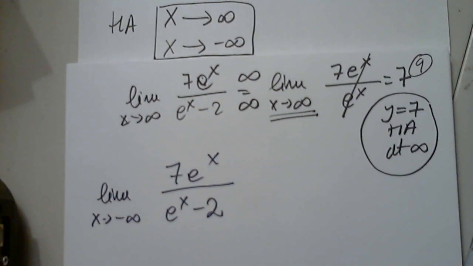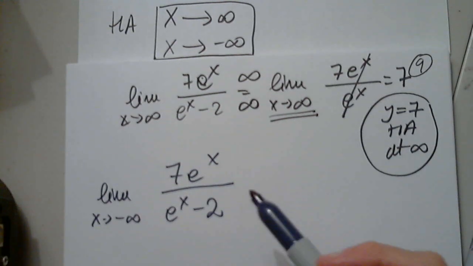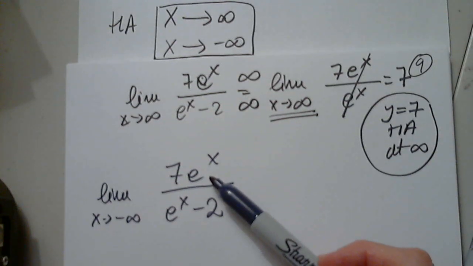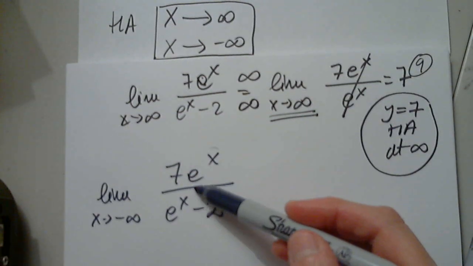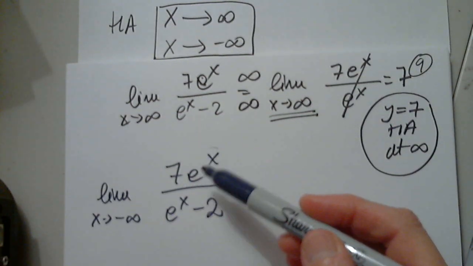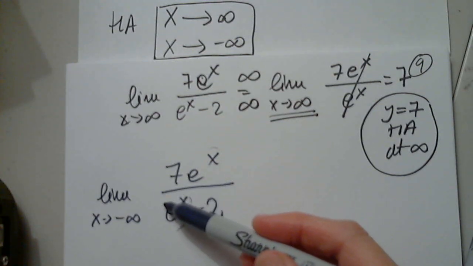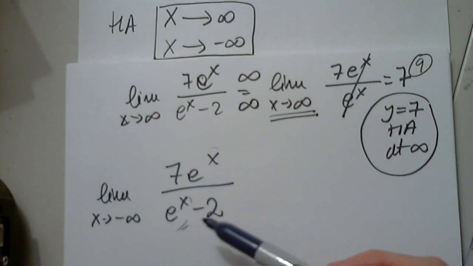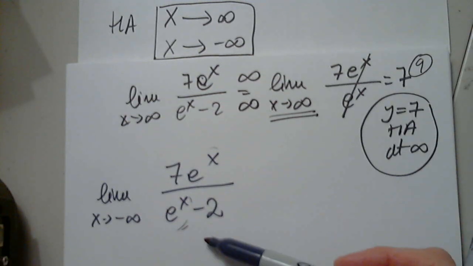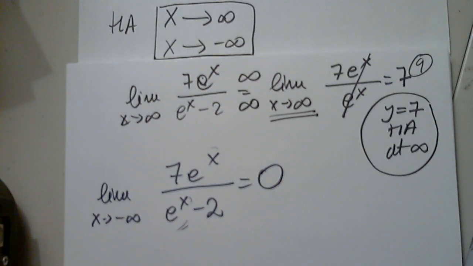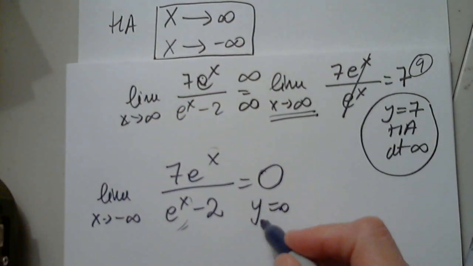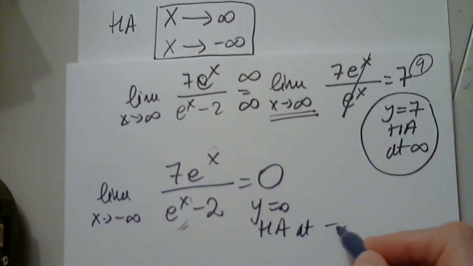In this particular case, I recommend, when we plug this in, this approaches 0, and this approaches 0. So 0 minus 2 is negative 2, and 0 over negative 2 is 0. So you don't have to simplify, you don't have to write anything. So y equals 0 is the horizontal asymptote at negative infinity.